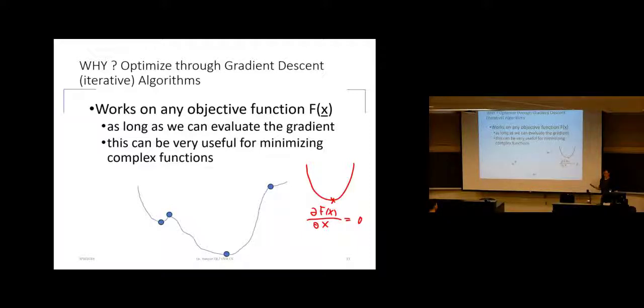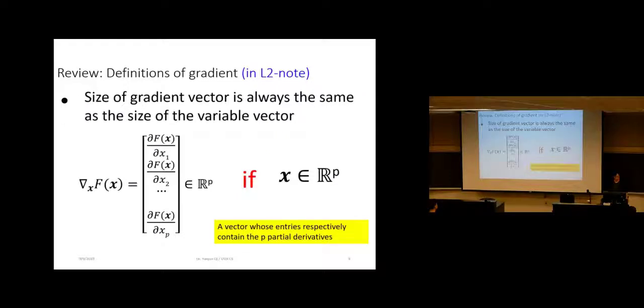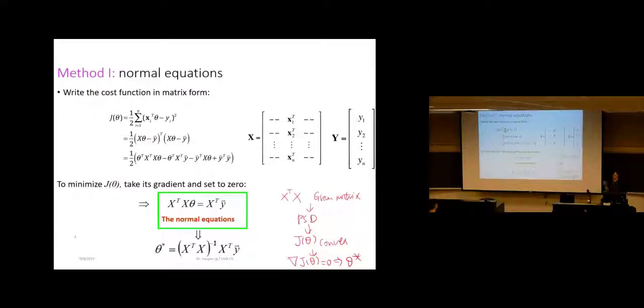And in our case, let's review, our function indeed is really good. The J theta function, we actually proved, right? Its Hessian, the second-order gradient, the gradient of the gradient, has this form, X transpose X, something called a Gram matrix. A Gram matrix is always positive semi-definite.